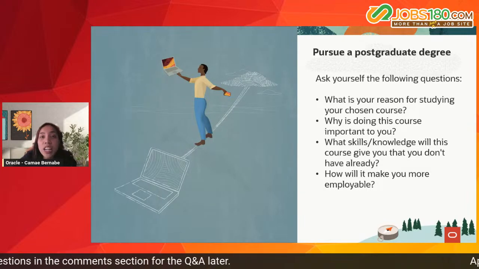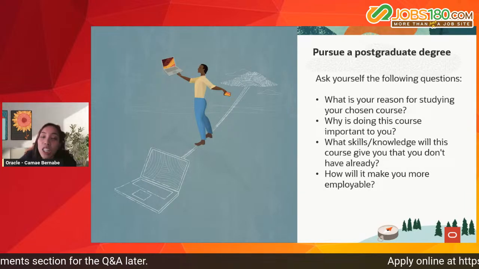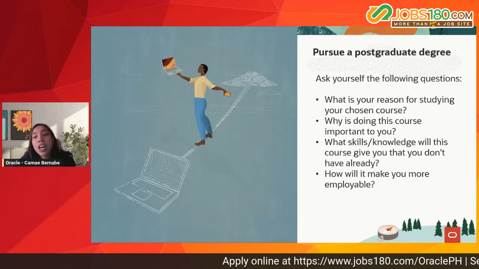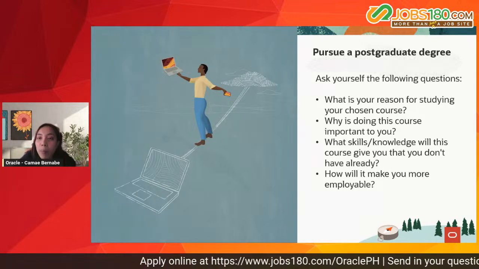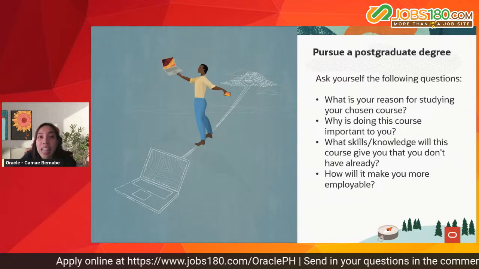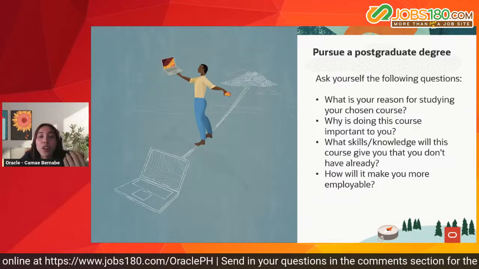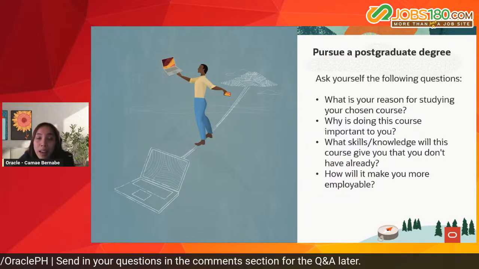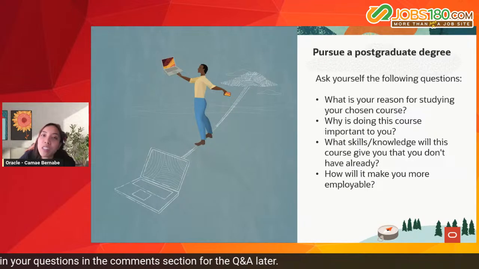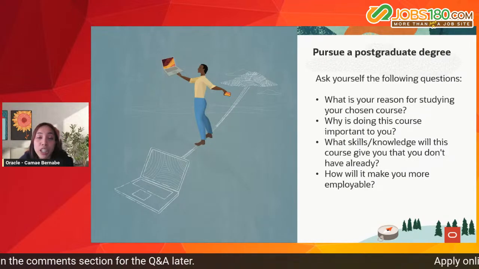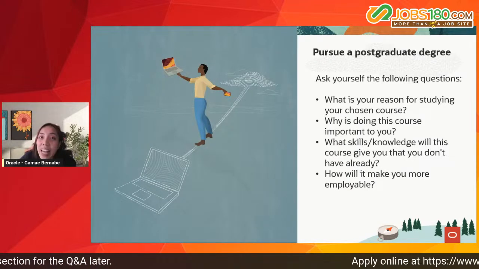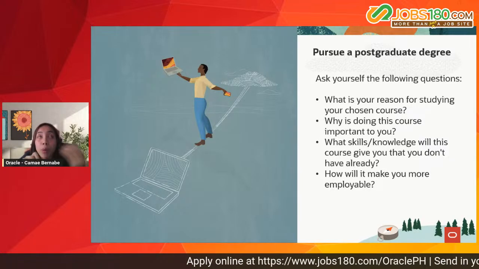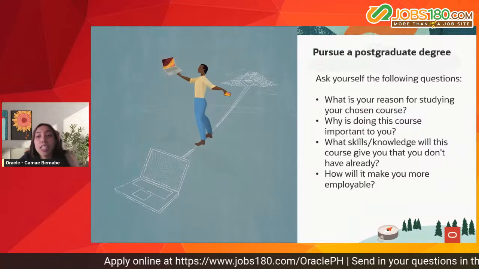There are some careers like law and psychology that require further study to qualify for certain roles. For others, it's not a requirement, but if you have a real desire to study a particular aspect of your undergraduate course at a deeper level, then you should probably consider pursuing a postgraduate degree. In some cases, it can boost your employment and promotion prospects as well as your salary.